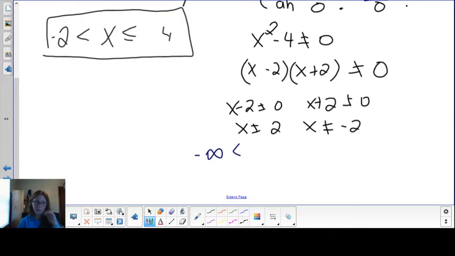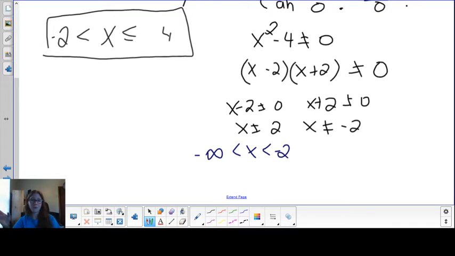And when we deal with infinities, we don't actually know what that is, so we can't include it because it doesn't technically exist. It does, but it doesn't. I can't give you the numerical value of infinity, but I know it exists. So we can't include it. And we're still dealing with x's. So we have -infinity is less than x is less than my smaller value of -2.